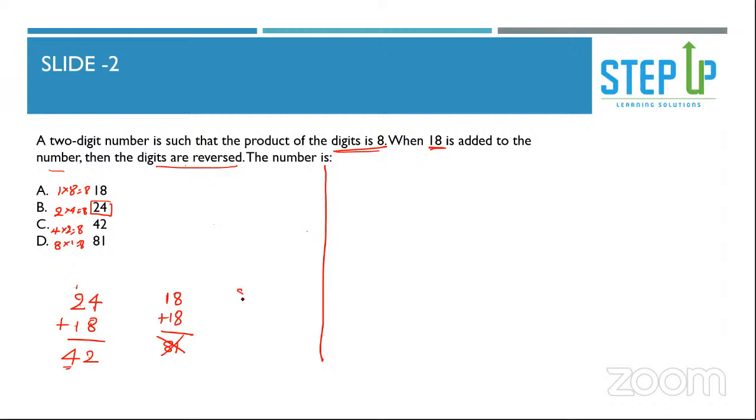And 81 plus 18 will not give me 18. It's impossible. The same case goes with 42: 42 plus 18 will never give me 24. That's why these two options are eliminated.